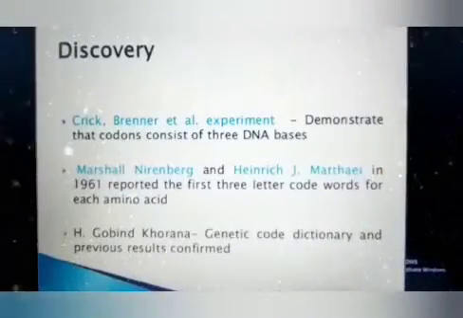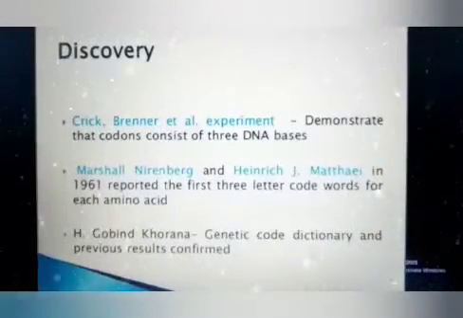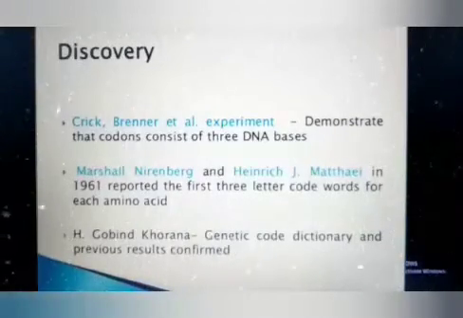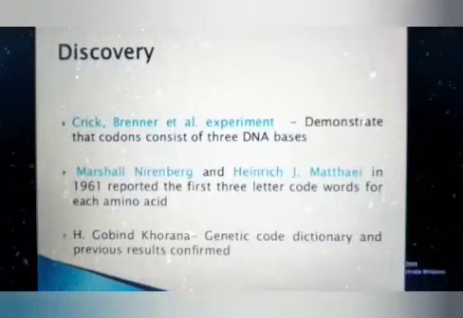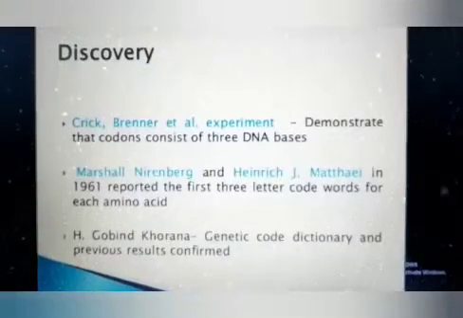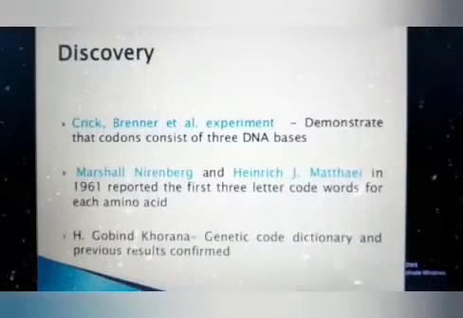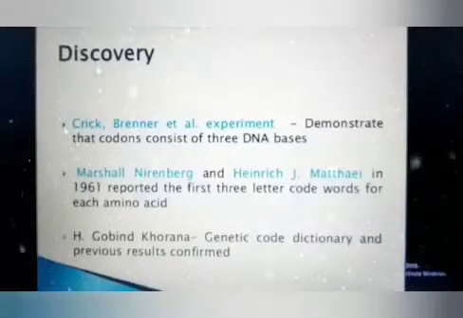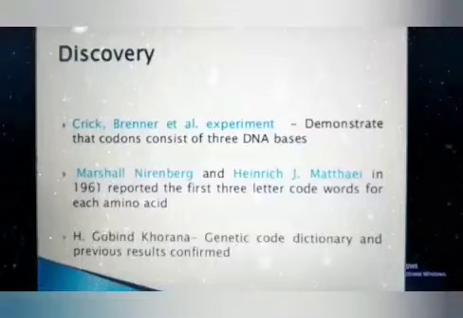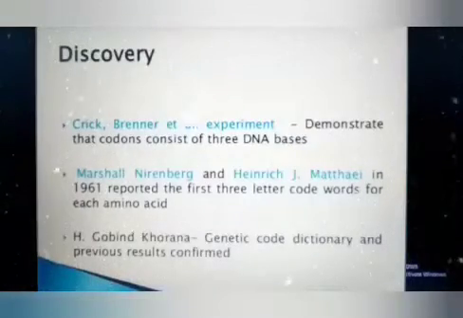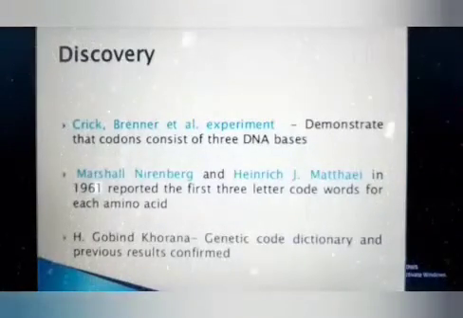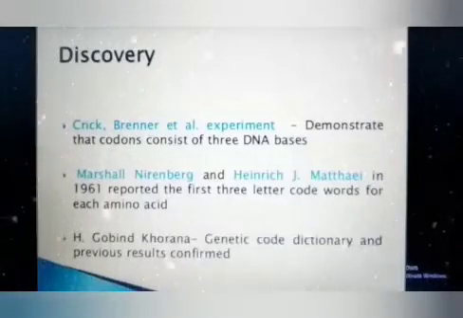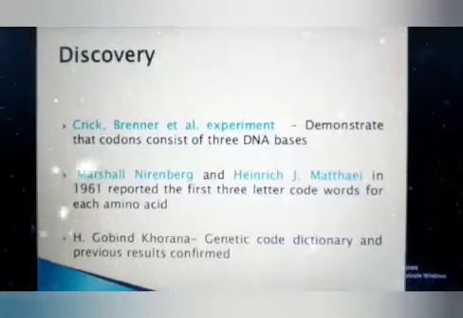Here is the discovery of the genetic code. Crick, Brenner et al. experiments demonstrated that codons consist of 3 DNA bases. Marshall Nirenberg and Heinrich Matthaei in 1961 reported the first 3-letter code word for each amino acid.